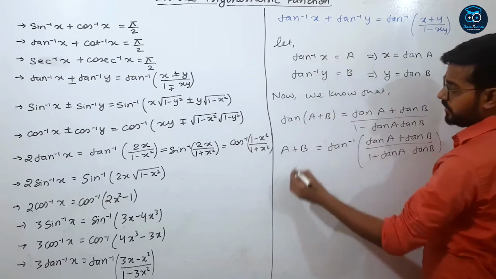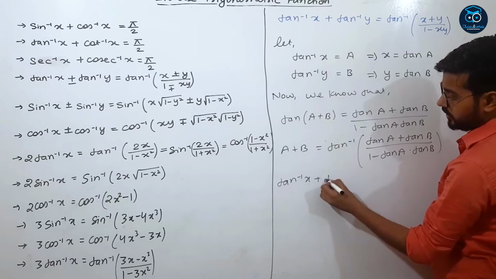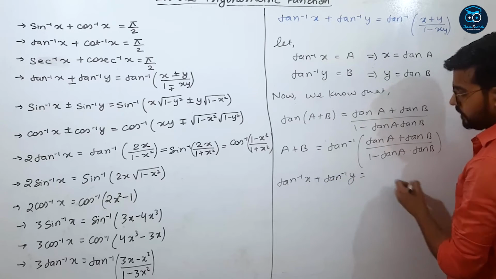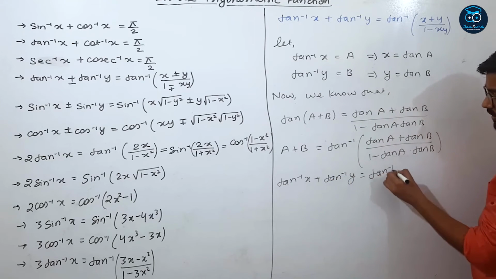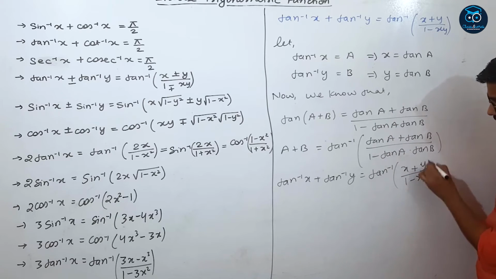Value of A is tan inverse x plus value of B is tan inverse y equals tan inverse, tan A is x, tan B is y, so upon 1 minus xy.